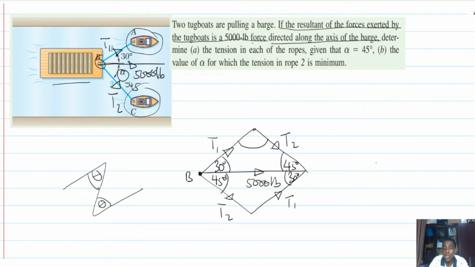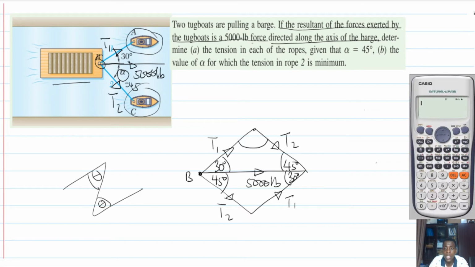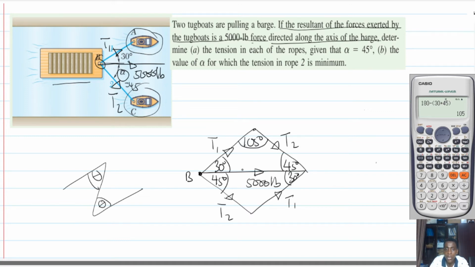Angles in a triangle add up to 180. So let's pick our calculators: 180 minus (30 plus 45), and I'm going to get 105. So this angle right here is 105.